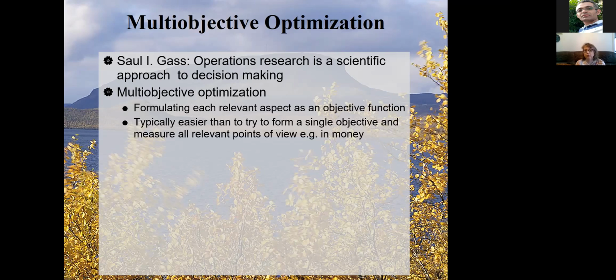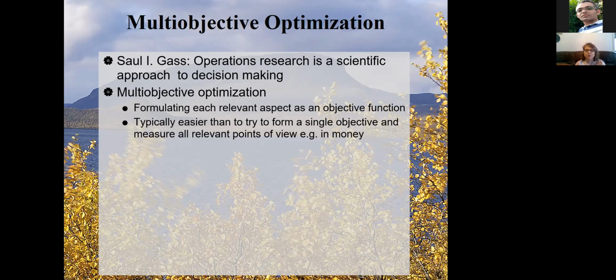Sometimes people say, though, that there is no more than one objective in life: it is all about money. But it is not always easy to characterize all relevant perspectives in monetary units. It might be easier to characterize them in units that are more natural to the consideration, for example environmental values or the beauty of some design.